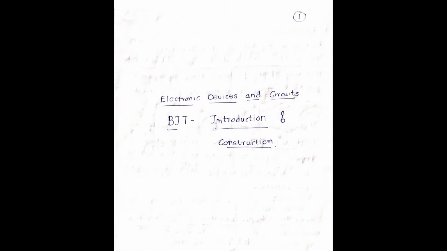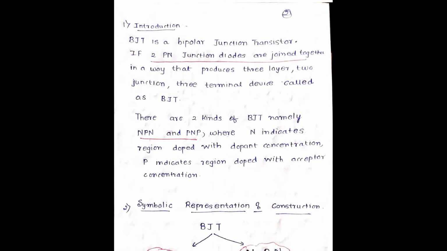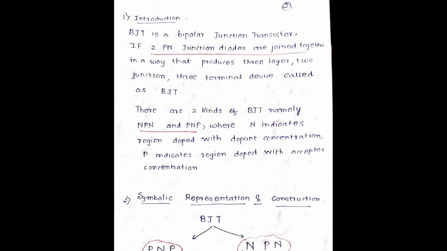So let's begin with electronics devices and circuits with BJT. So what do you understand by BJT? BJT is a bipolar junction transistor. It's two PN junction diodes that are joined together.